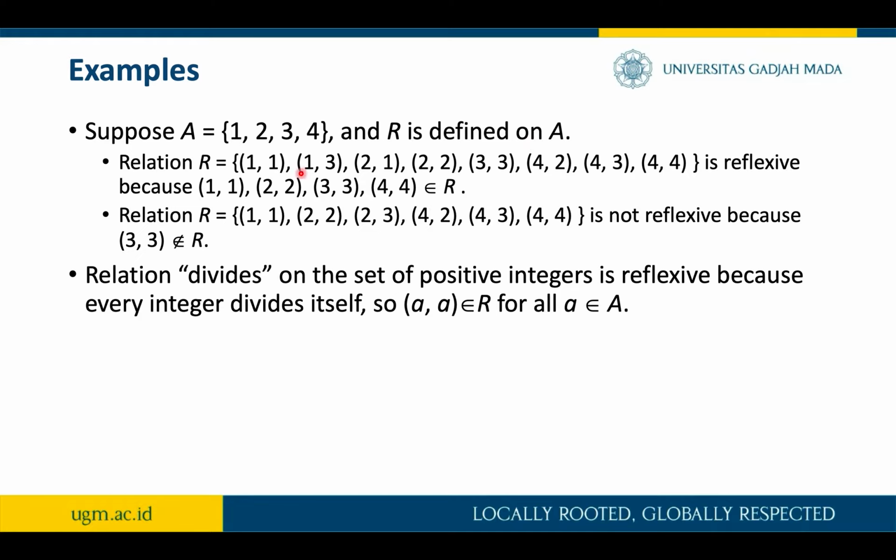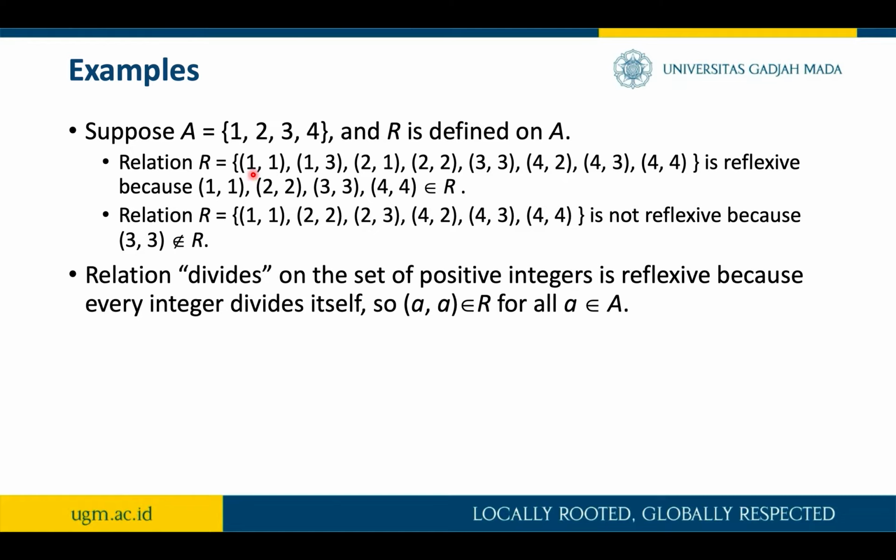Suppose we have the first relation here: (1,1), (1,3), (2,1), (2,2), (3,3), (4,2), (4,3), (4,4). If we examine this relation, we can see that each member of A is related to itself.